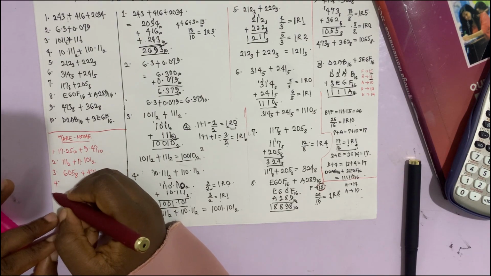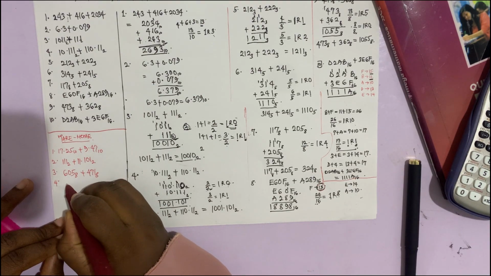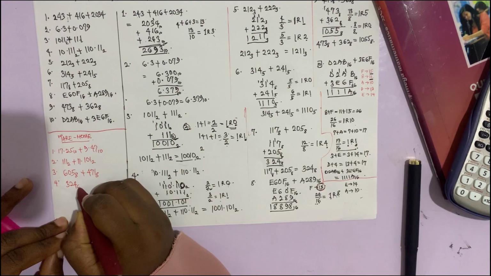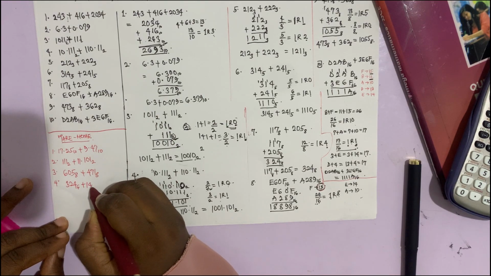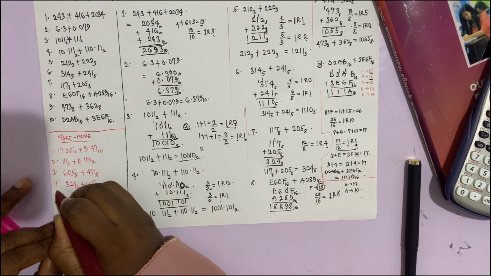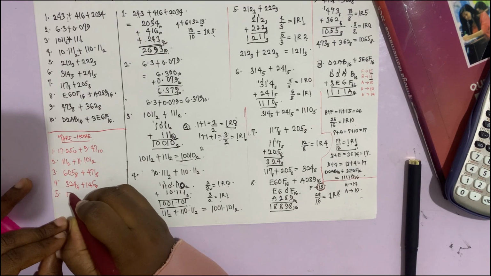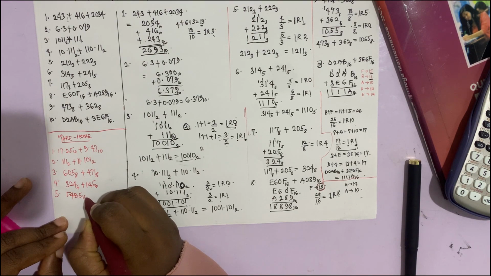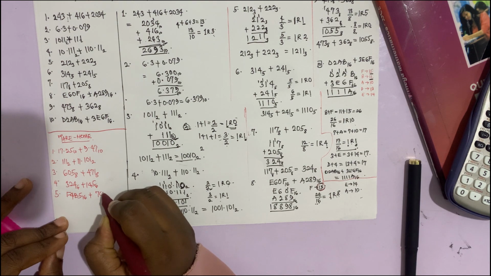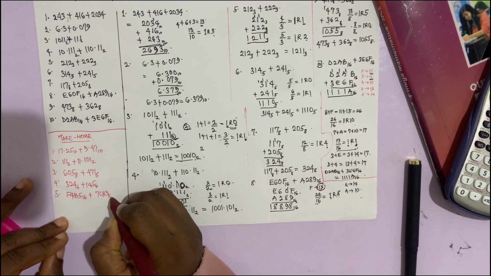Question 4, 324 base 6 plus 145 base 6. Question 5, F4B5 base 16 plus 7CB3 base 16.